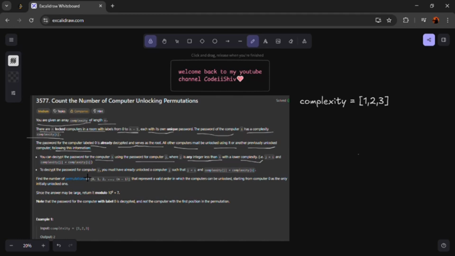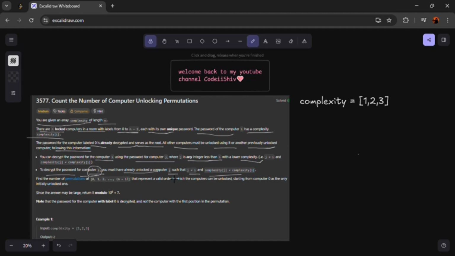To decrypt the password for computer i, you must have already unlocked computer j such that j is less than i and complexity of j is less than complexity of i. The question wants to say that you can decrypt computer i if and only if computer j is also unlocked.